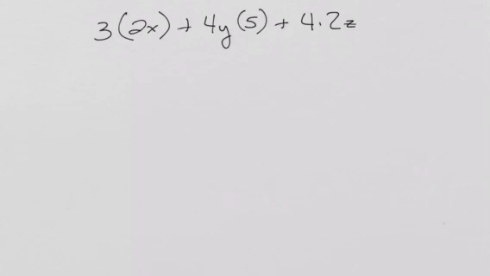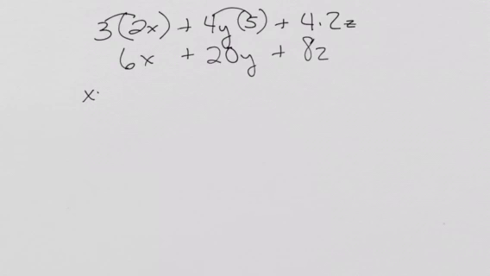All right, so let's look at this next mess we have. It says we can do any order with adding and any order with multiplication, but you can't mix that together. So let's just start out with our multiplying. Let's do 3 times 2 is 6x, plus 5 times 4 is 20y, plus 4 times 2 is 8z. Now, can I combine these together?